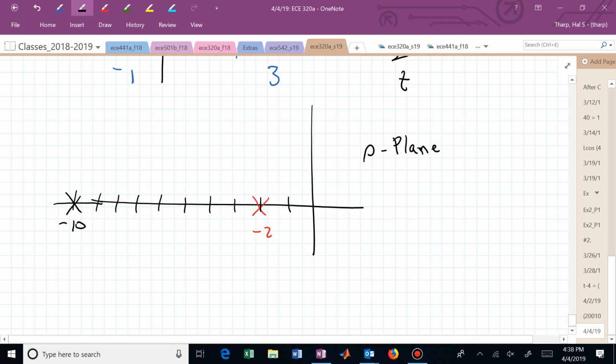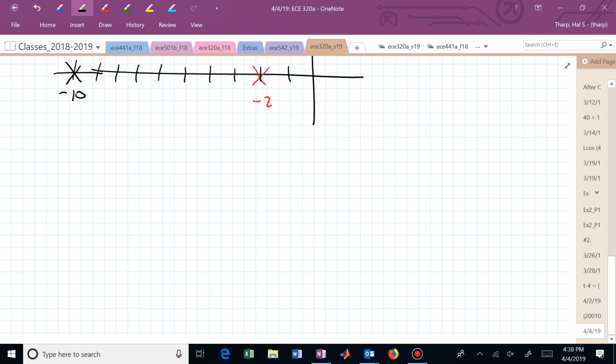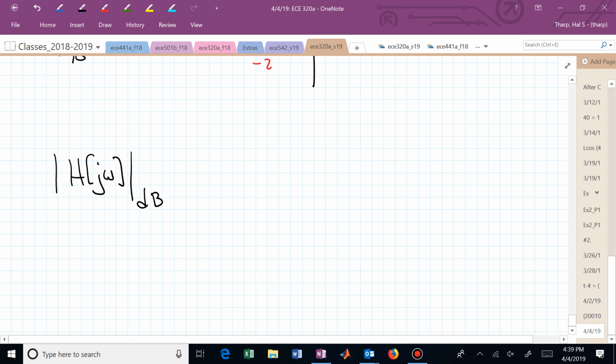If you now wanted to sketch these as a frequency response, what would they look like? What is the h of j omega? And now I know what you're seeing. You're seeing elephants and giraffes, everything under a big top circus tent, aren't you? For h of j omega, you're looking at the magnitude of that in dB.